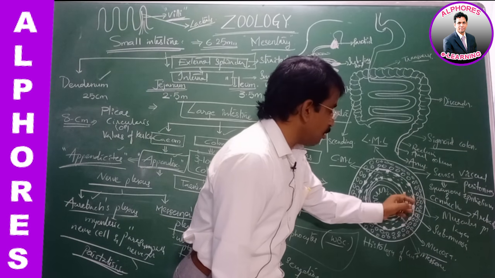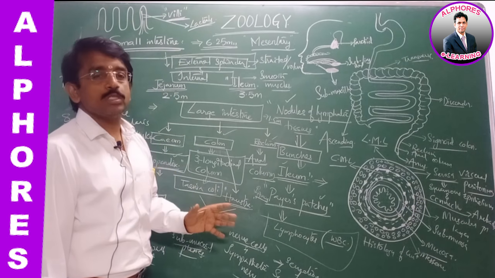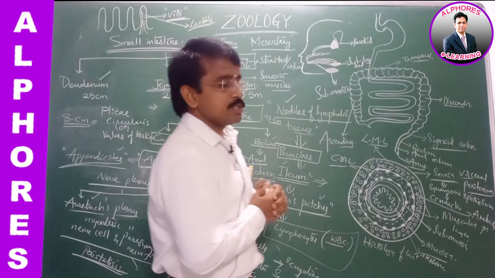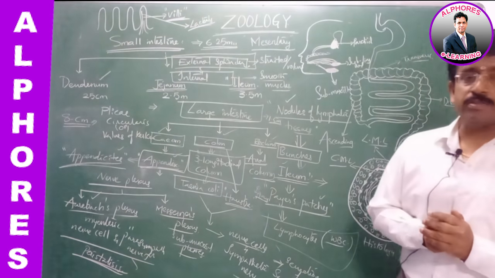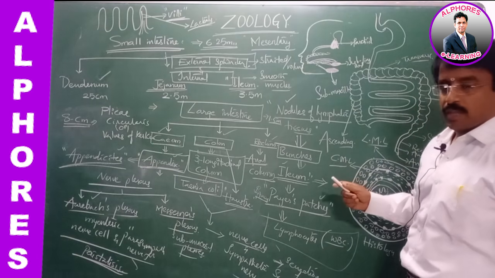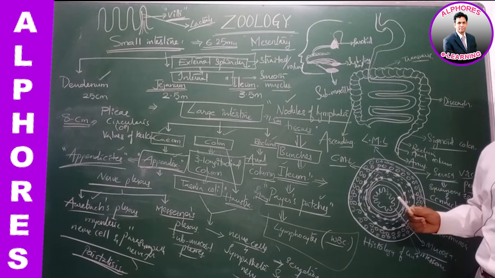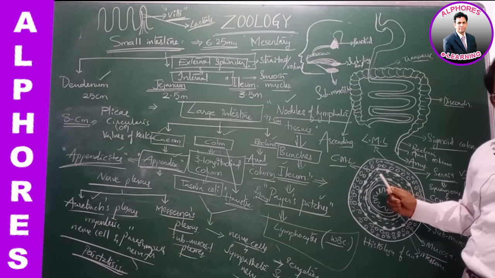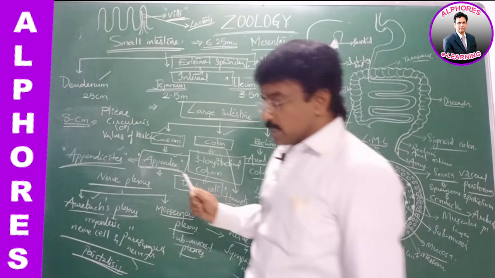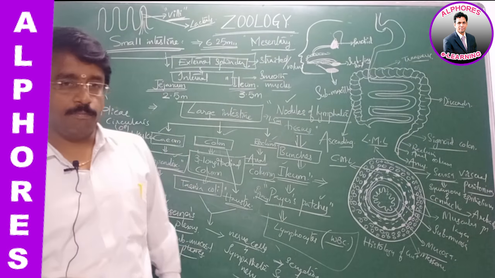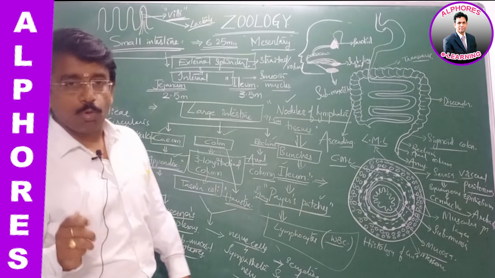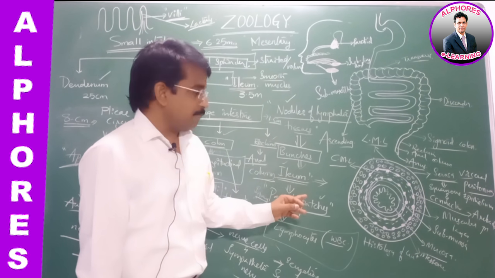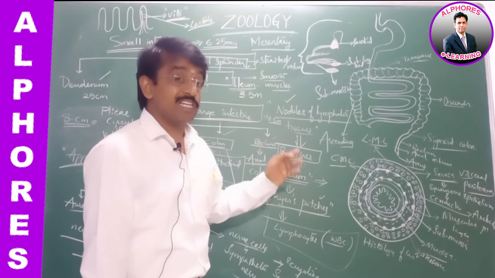Next to the muscular layer is the submucosa, below the mucosa. The submucosa is made up of loose connective tissue, and it includes blood vessels, lymph vessels, lymph capillaries, and to some extent glands. Why are we emphasizing some glands?